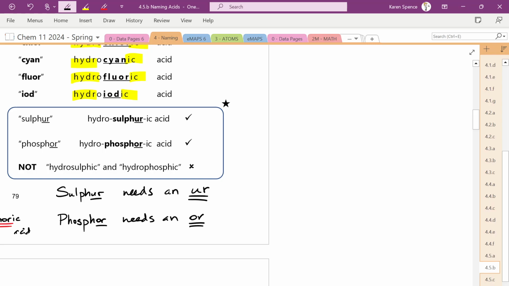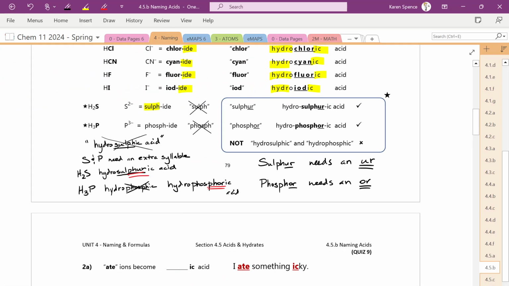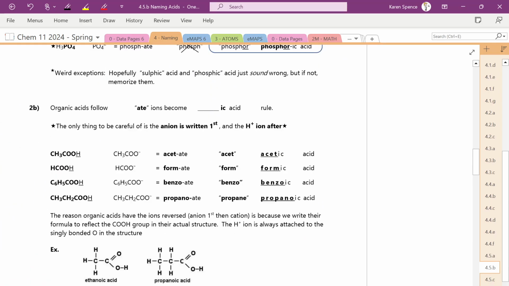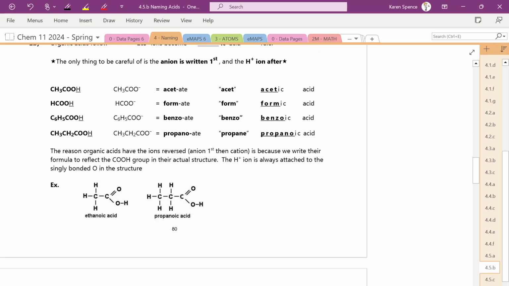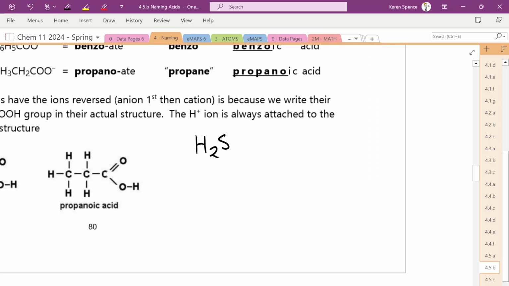So let's just take a real quick look. Do we have room on here to write something? I'm going to write it down at the bottom here. H2S, H2SO4 and H2SO3.